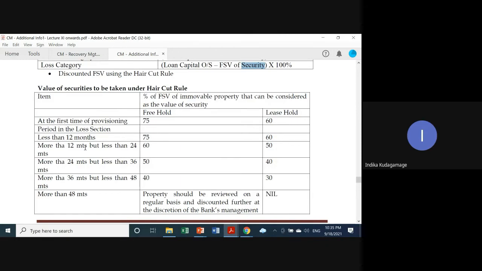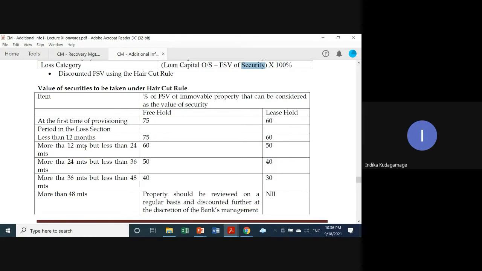When it goes to the doubtful category, same formula, within brackets, outstanding minus FSV into 50%, right? When it goes to the loss category, we start discounting the FSV. Straight away, it is 75% of FSV. Up to 12 months, it is 75% of FSV.